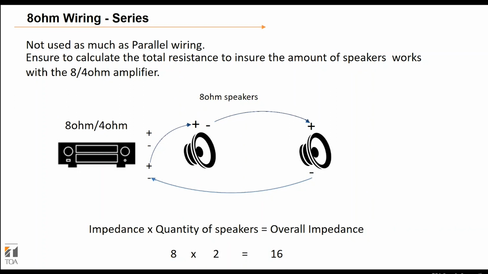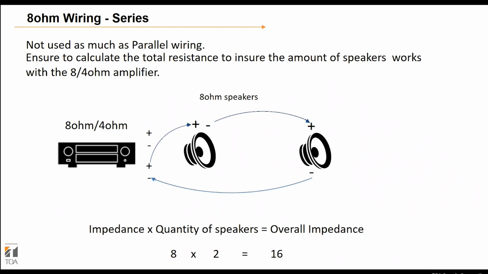In fact, it's not even a thing you can do with high impedance. But with low impedance, the only reason you would do it is to manage your line impedance and give yourself the ability to add more speakers to the system.